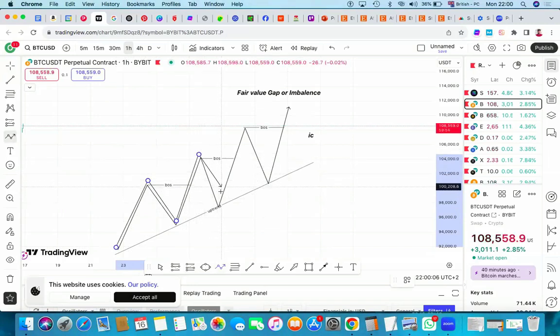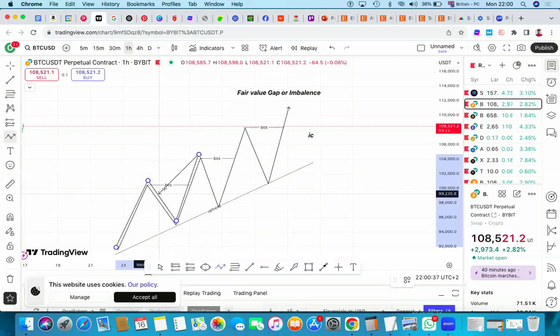And then it pulled back again. So if we say the market broke structure, we mean that the market broke this recent high and created a new high. That's where the terminology break of structure derives from.